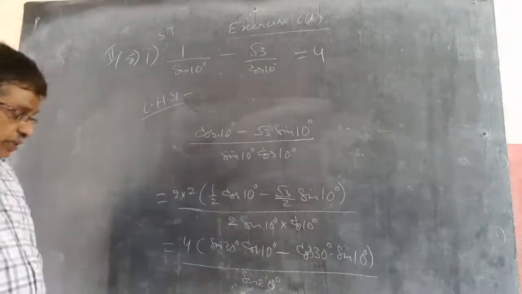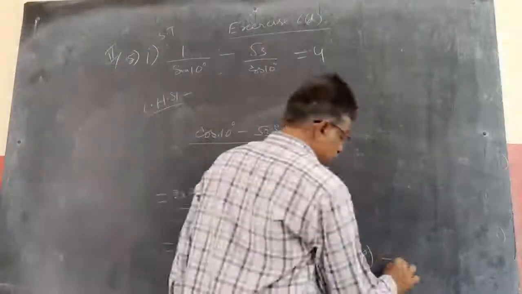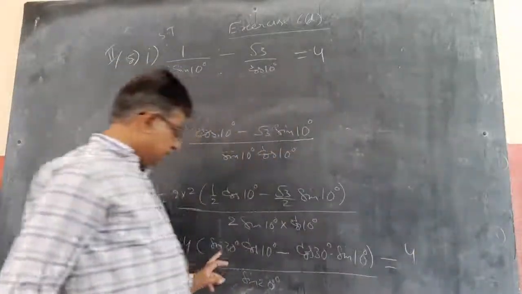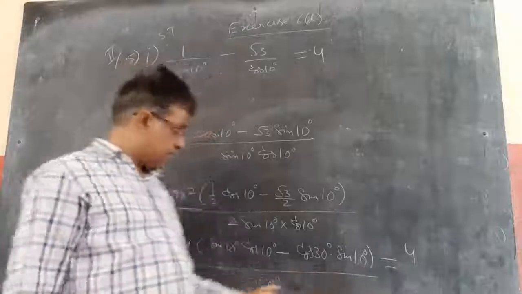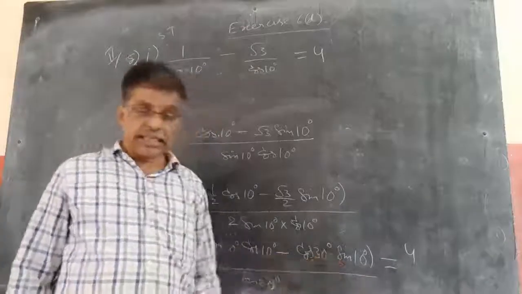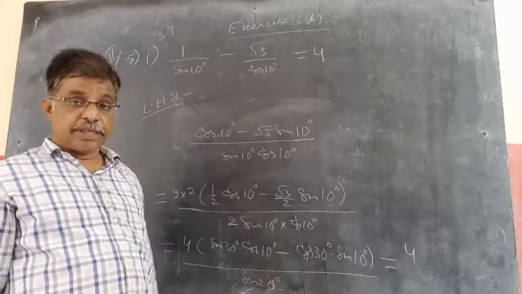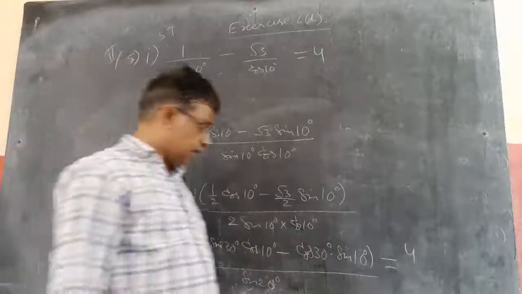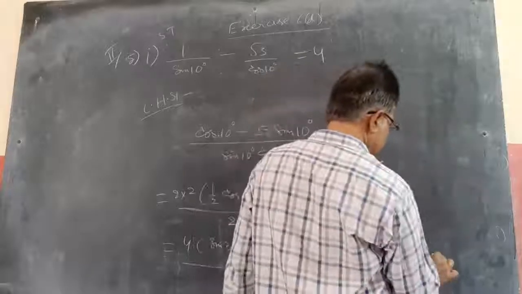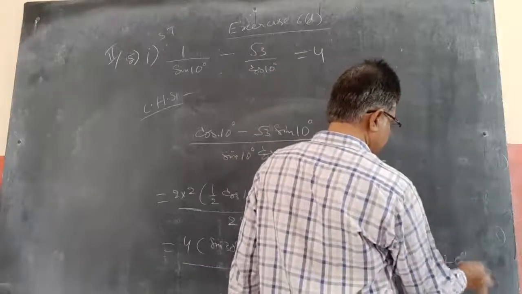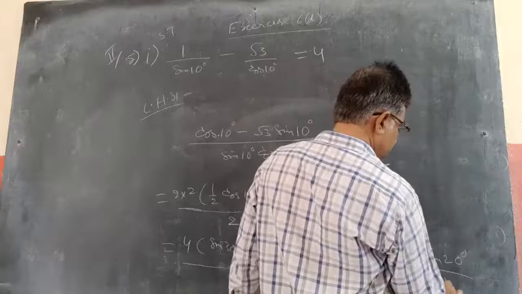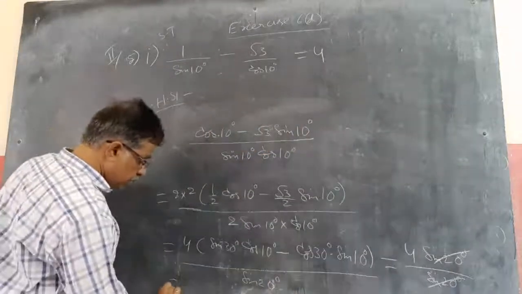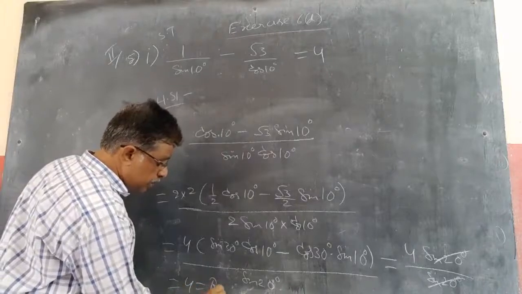Coming here, this is 4 into sin A cos B minus cos A sin B, which is sin of A minus B, sin of 30 minus 10, 20 degrees. Sin 20 divided by sin 20, we can cancel, so it is equal to 4, which is the RHS.